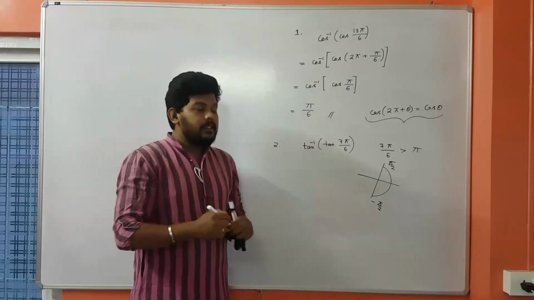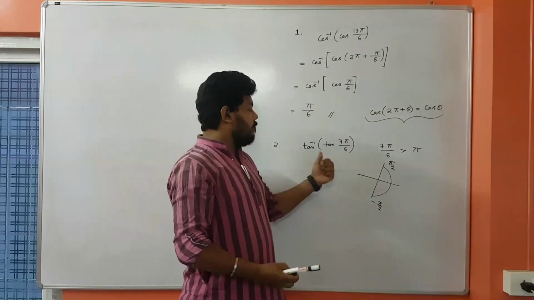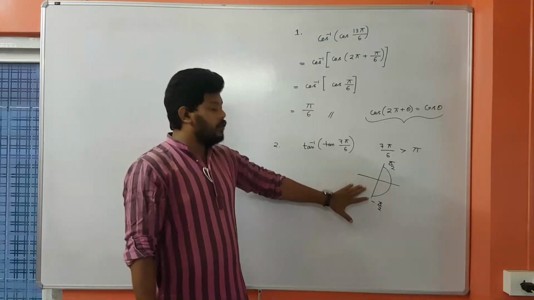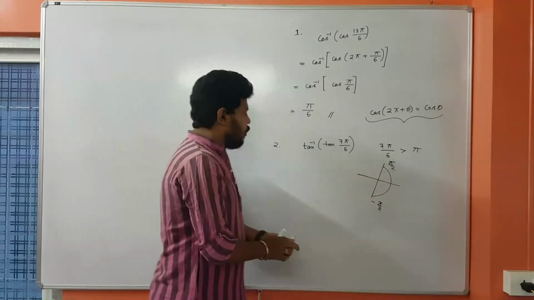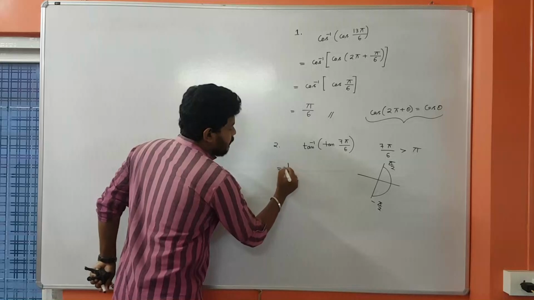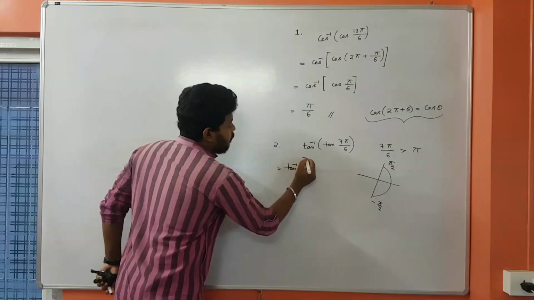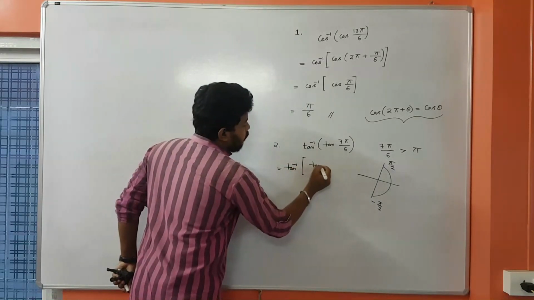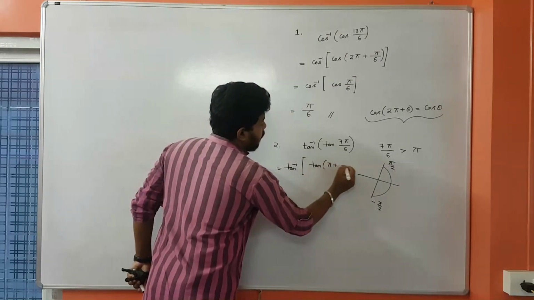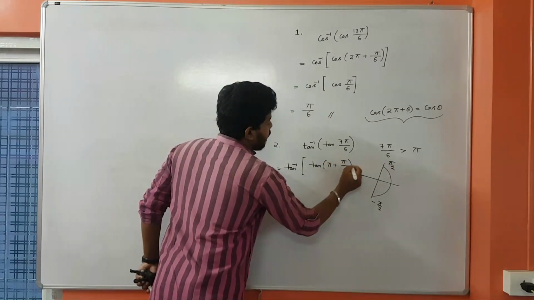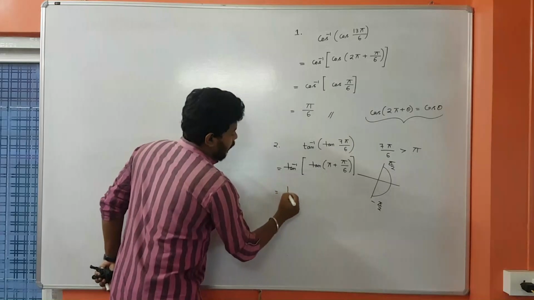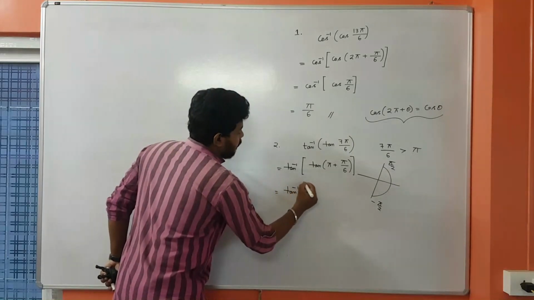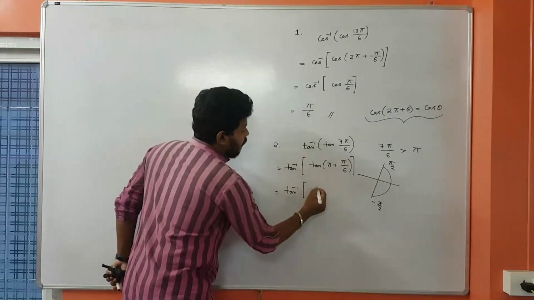Now, since tan is positive in first quadrant and third quadrant, we can write this as tan inverse of tan of pi plus pi by 6. Tan of pi plus theta is tan theta.